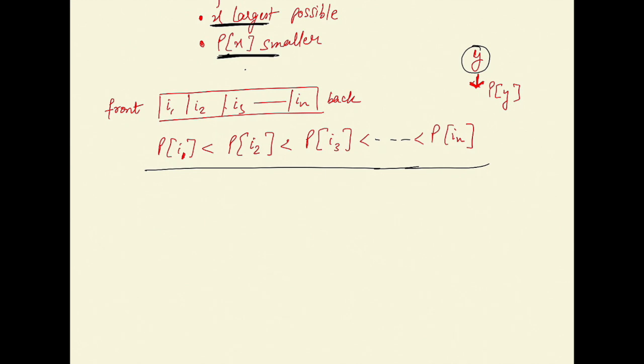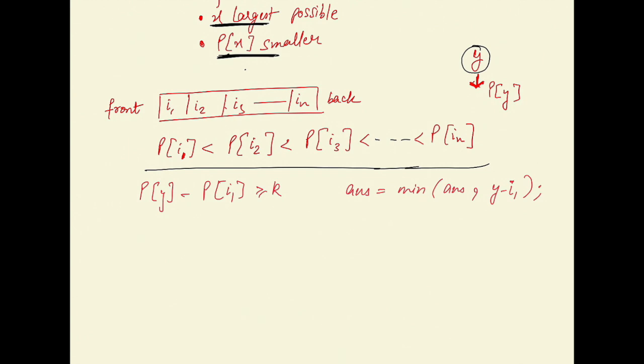So what we'll do is first see whether py minus p of i1 is greater than or equal to k. If yes, then we update our answer to be the minimum of the current answer or the length y minus i1, whichever is the minimum.